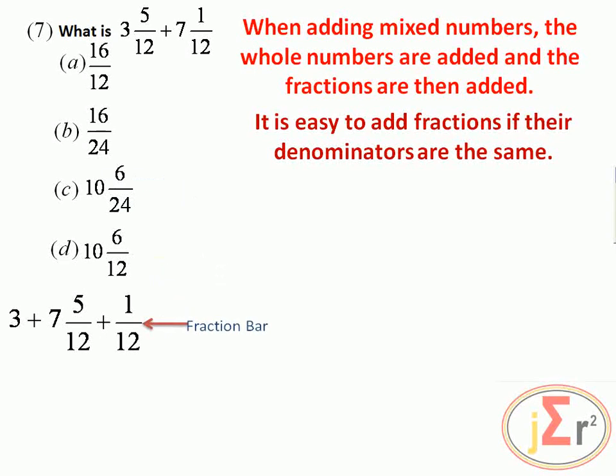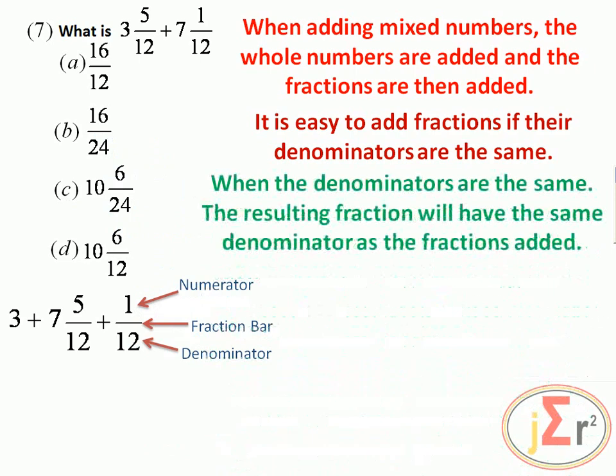So we have labeled your fraction bar, your numerator, and your denominator. The denominator is the lower number in the fraction. If they are the same, while adding the fractions, the answer will have the same denominator as the fractions added, as long as those denominators are equal.